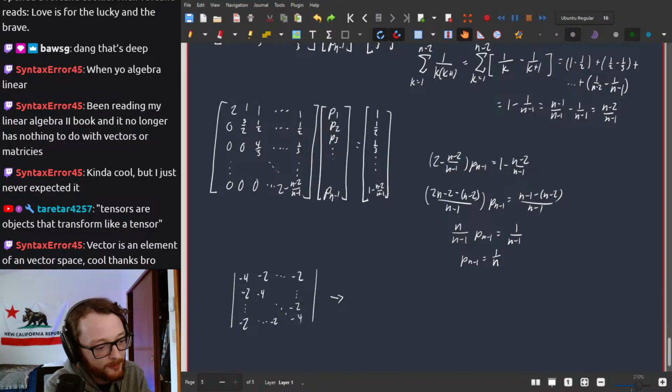V is a linear vector space if it is closed under addition and if it is closed under scalar multiplication. And then the example that we were given of a vector space is C of omega, which is the space of continuous functions on some set omega that is a subset of R^d. It's like d-dimensional real numbers. And so the sum of two continuous functions is another continuous function, and the scalar multiple of a continuous function is a continuous function, so it works. You can also have L2 of omega, which is the space of square integrable functions and stuff like that.